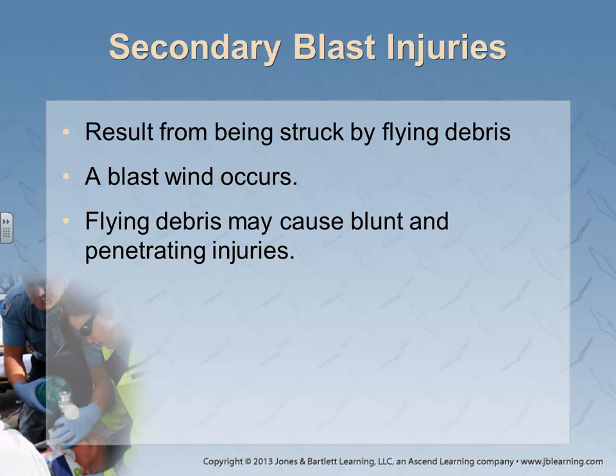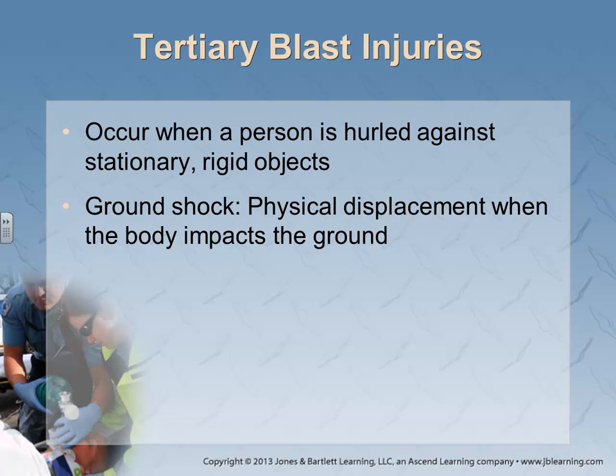Then you've got your tertiary. So you've got your primary where you've got the pressure wave, then I've got all the shrapnel coming at me, and now I'm thrown back and I hit the ground or I hit the wall. That's my tertiary. Your ground shock is your displacement when the body impacts the ground.